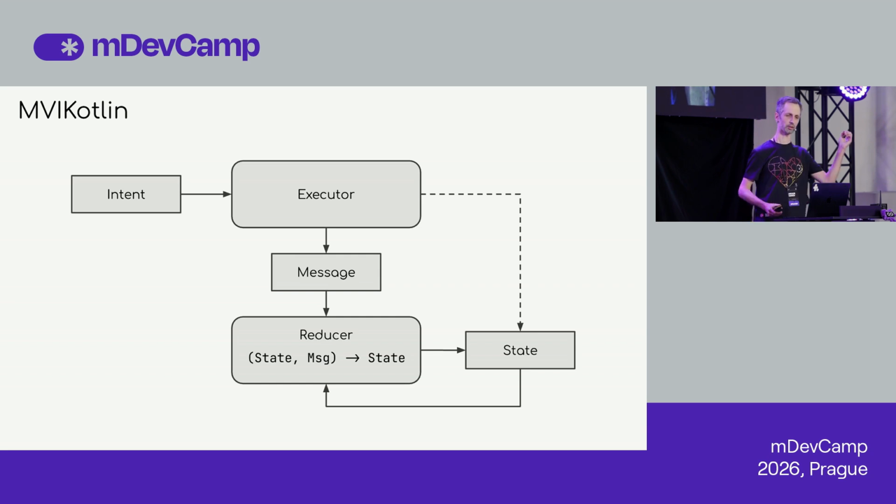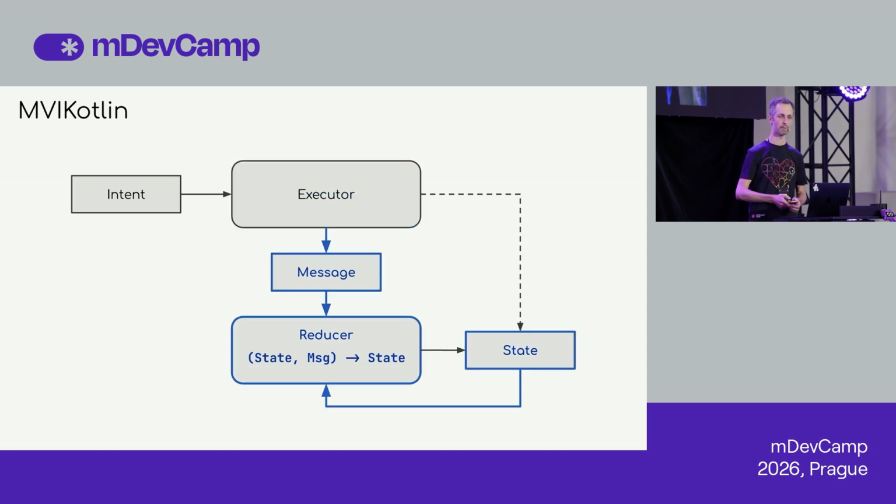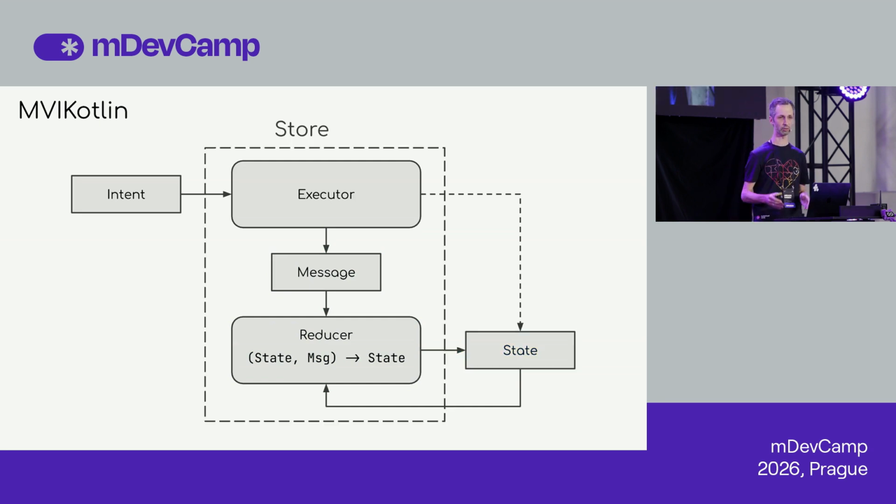You can call network, you can call database, and once you're happy, you can also read the current state, and then send messages to the reducer, and it returns a new state. So you send an intent, your executor does something, might call side effects, and once the processing of the intent is done, it sends a message to the reducer, which takes the current state and applies the new state. This executor and reducer altogether are called a store.